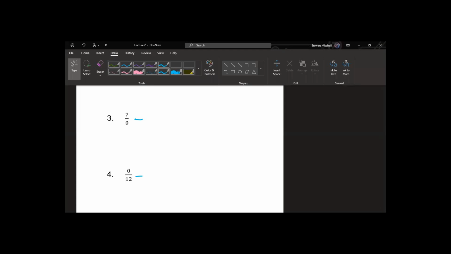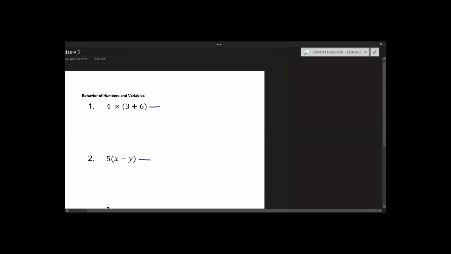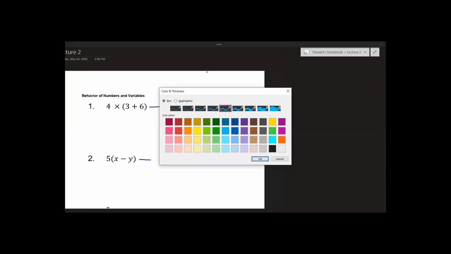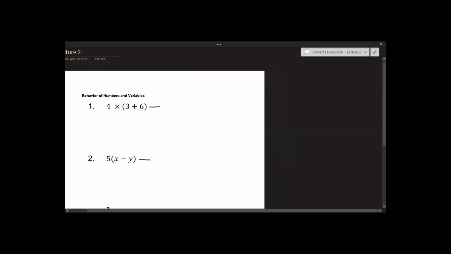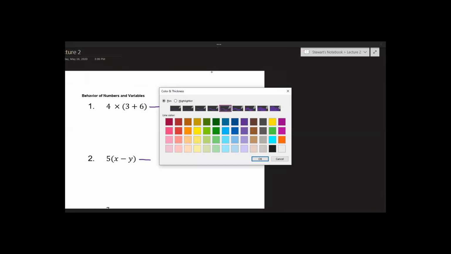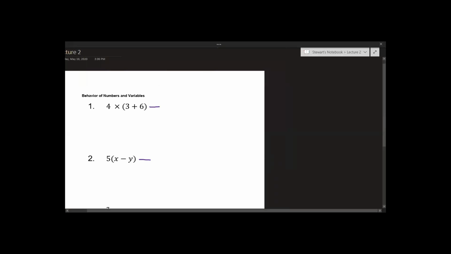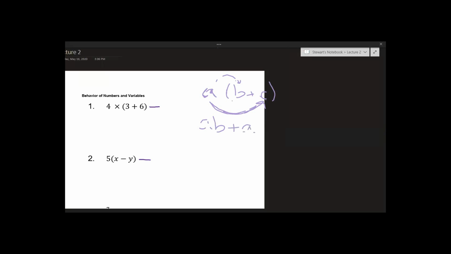Okay, so let's revisit the first two. In general, when you're dealing with the distributive property, say you have any arbitrary numbers like A times the quantity B plus C. You take this A inside to the B and to the C and multiply it to both of them, and you end up with AB plus AC.